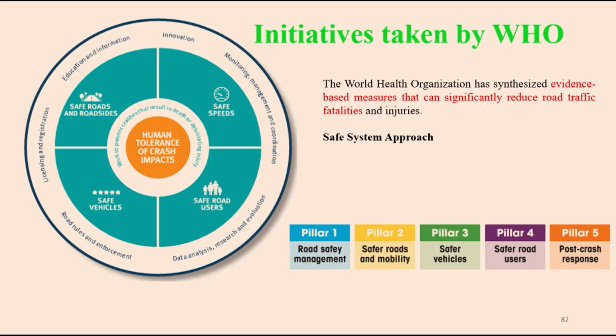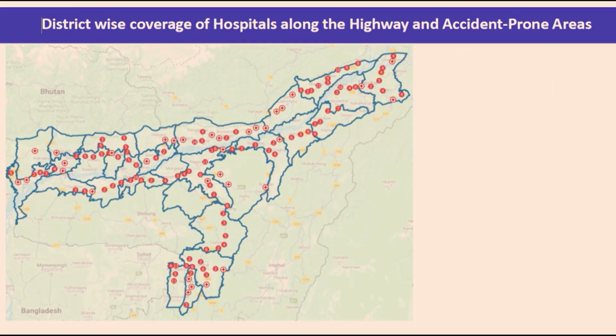Then post crash response: earlier this was not our priority. Now every state government has started working on post crash response, and they have properly figured out and designated different hospitals across the state.